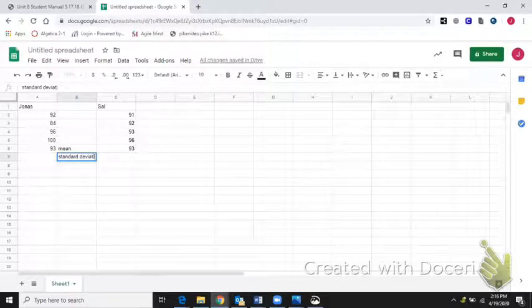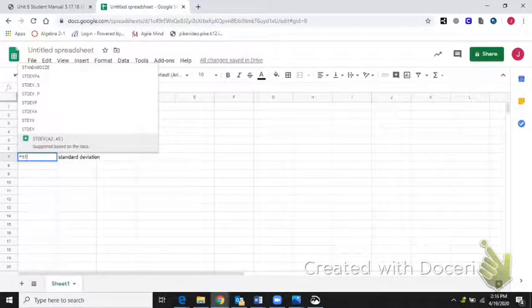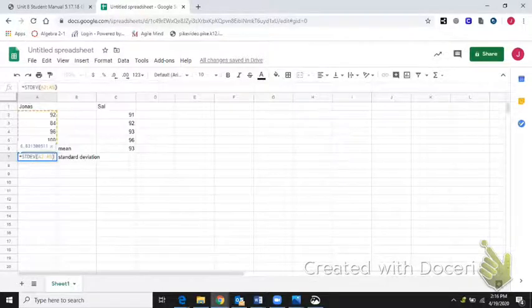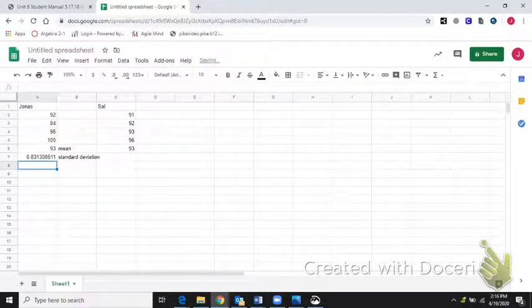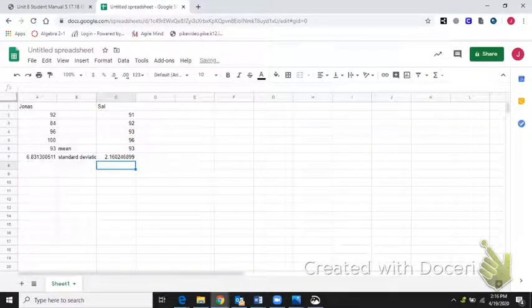This time when we put our formula in, we'll do equals and STDEV for standard deviation, and we're using that same set of data, and we push enter. Notice Jonas's standard deviation is about 6.83. We're also going to do the same for Sal, and his standard deviation is much less at about 2.16.